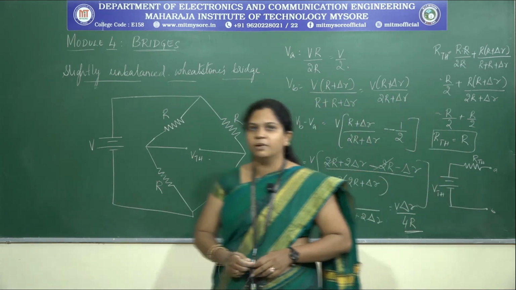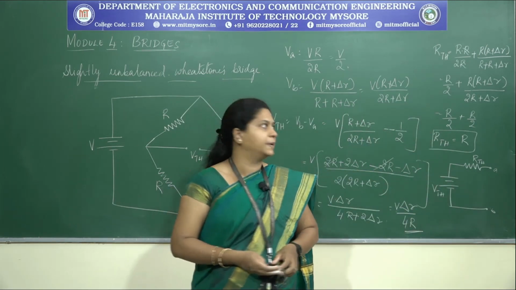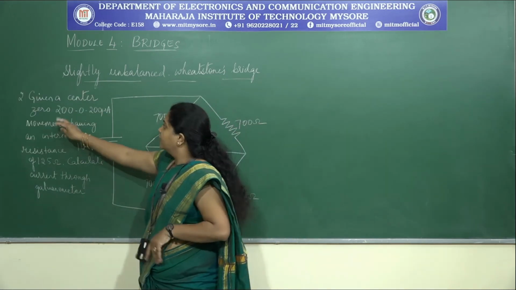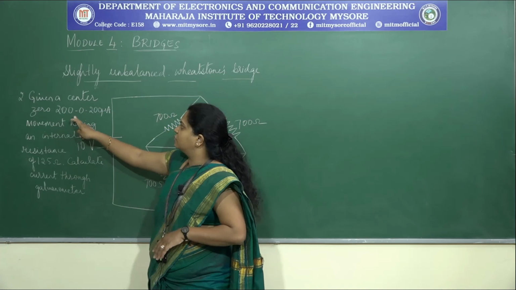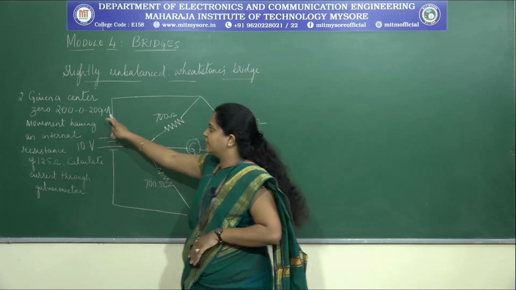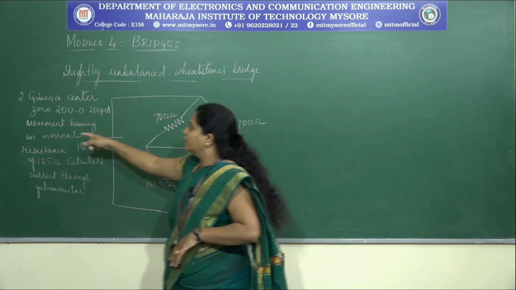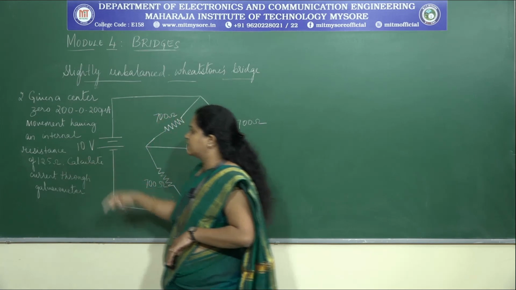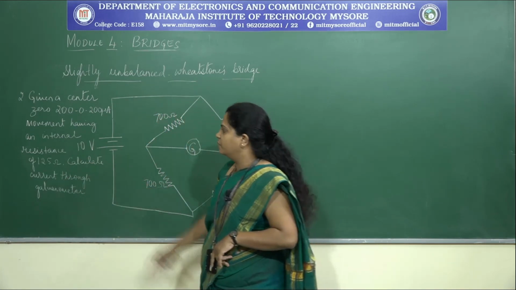Now, can we solve a problem based on this slightly unbalanced bridge? Take down the problem on the Wheatstone bridge, which states: given a center 0, 200 microampere, this is the range of the galvanometer movement, having an internal resistance. The galvanometer resistance is given as 125 ohm.